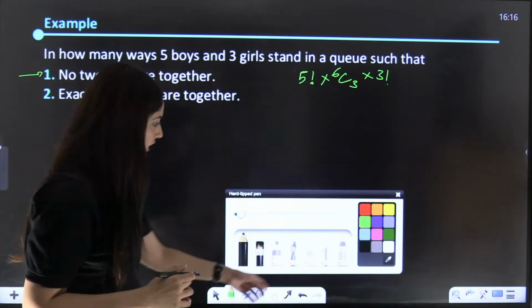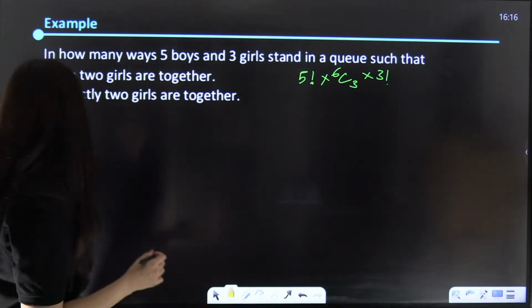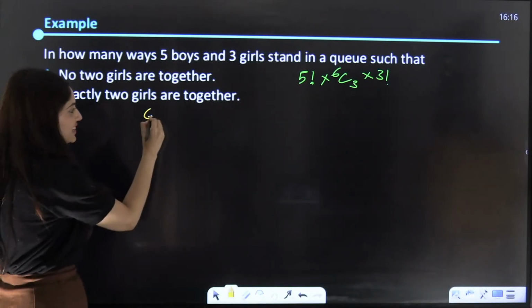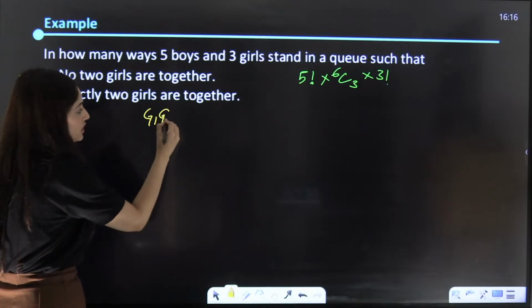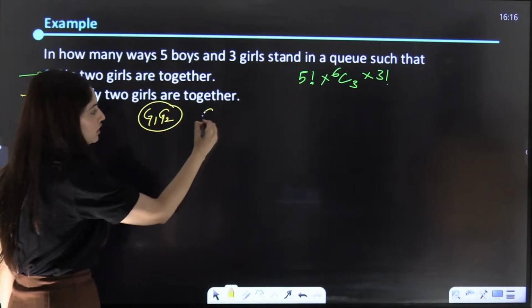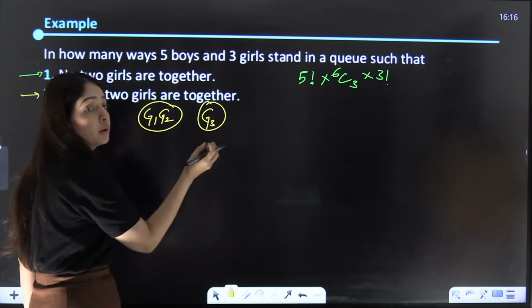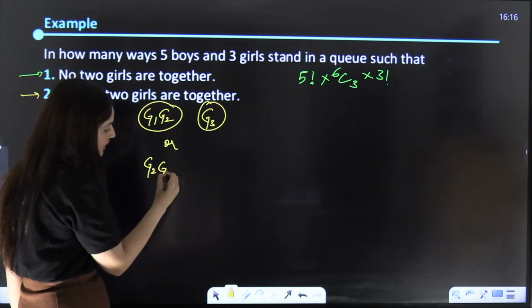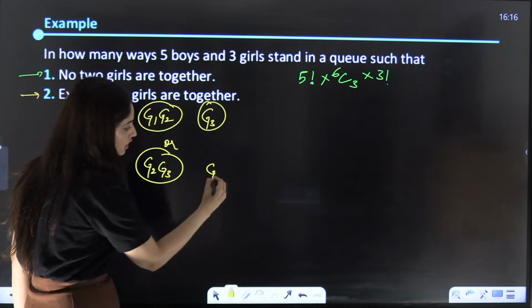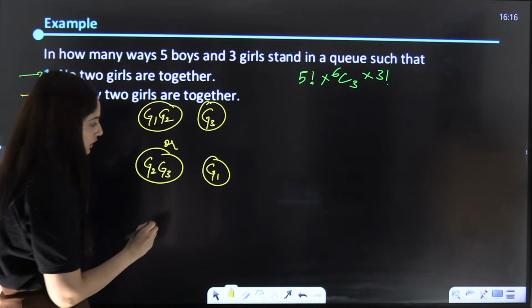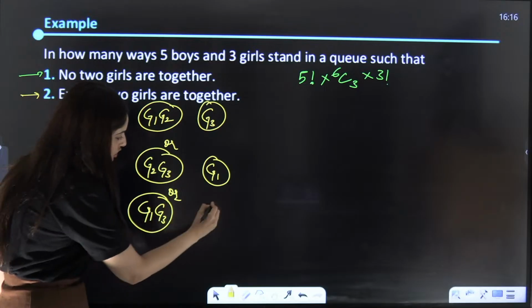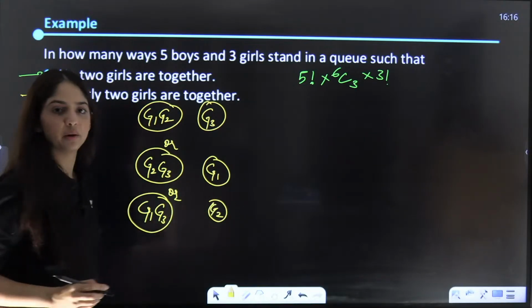Let's look at the second case, when exactly 2 girls are together. Just like the I's, G1, G2 is 1 unit, G3 is 1 unit. Also, G2, G3 can be 1 unit and G1 can be another unit, or G1, G3 can be 1 unit and G2 can be another unit.